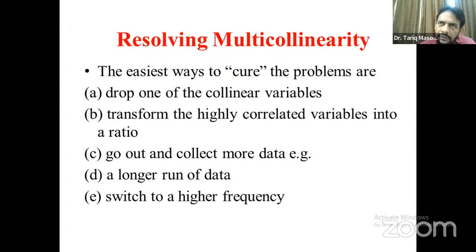Suppose initially you are using annual data, you can move towards quarterly data, or if possible, towards monthly data. So you can increase the frequency. Your objective is the same: ultimately you have to establish a relation between the dependent and independent variables. You can use high frequency data for that purpose. And with high frequency, in this hit and trial method, sometimes you can get rid of this problem.